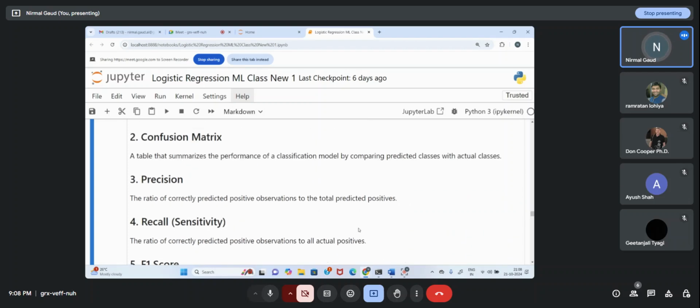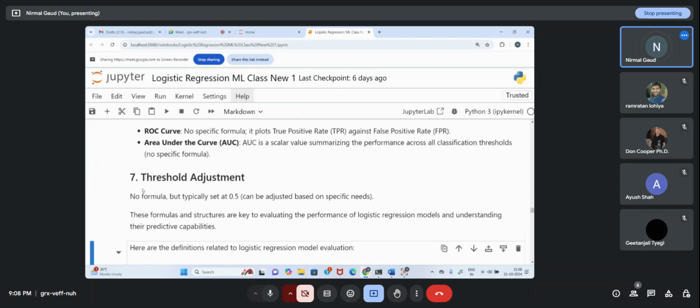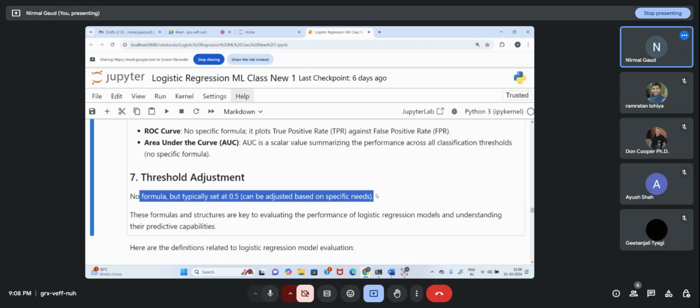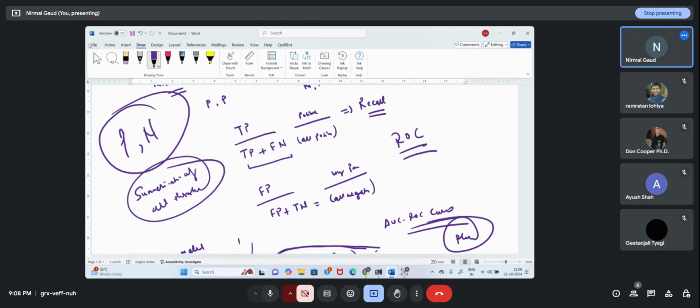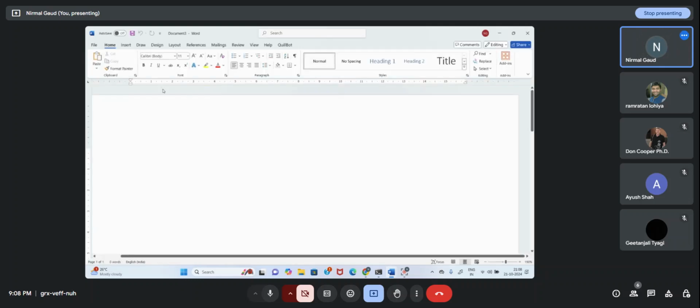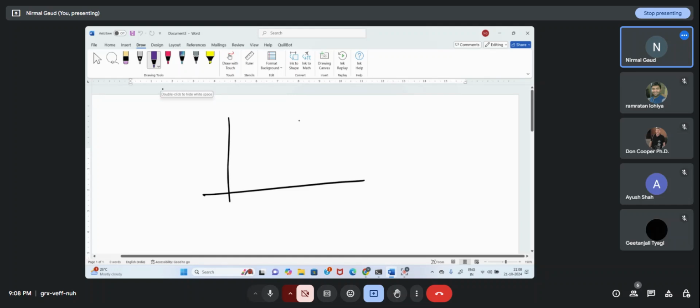We do have a threshold. 0.5 is my threshold. For logistic regression, that's what we consider, 0.5 as a threshold. This is your logistic curve. This is your threshold, 0.5.